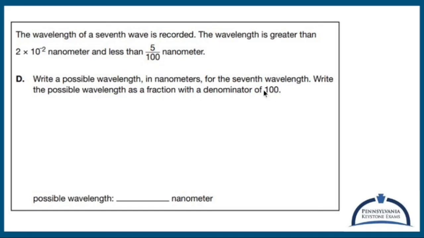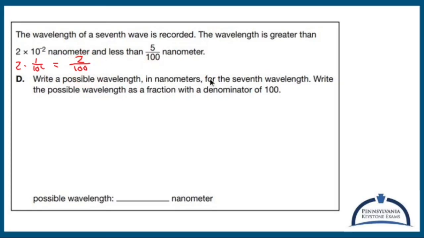All right, so I want things with a denominator of 100, so I'm going to keep that there. Now, 2 times 10 to the negative second can be written as 2 times 1 over 10 to the second, which is the same as 2 over 10 to the second, which is 100.